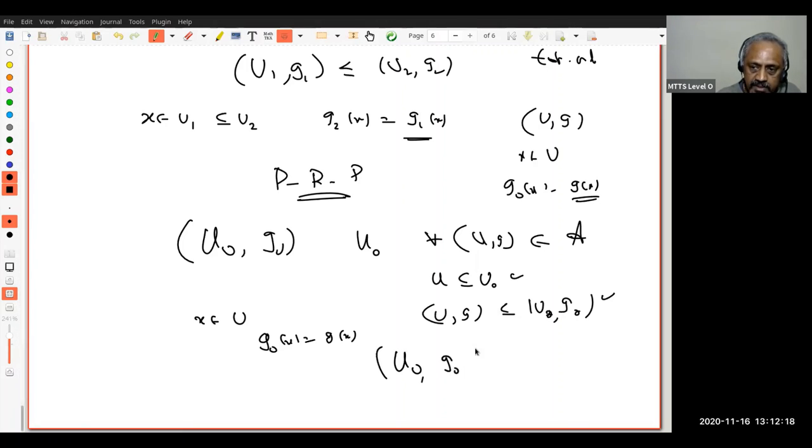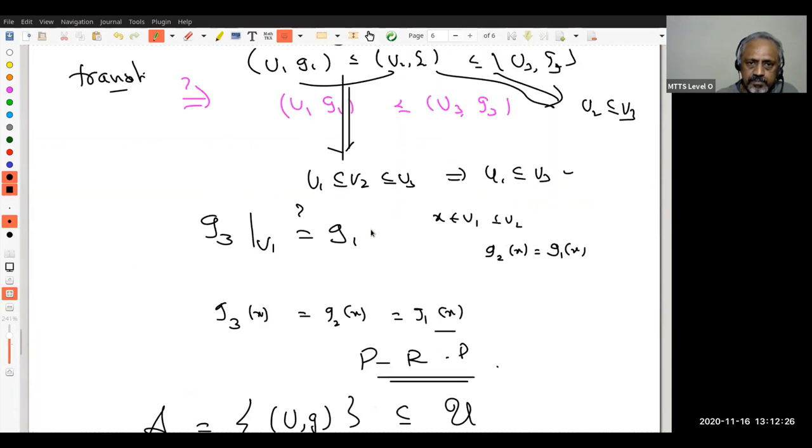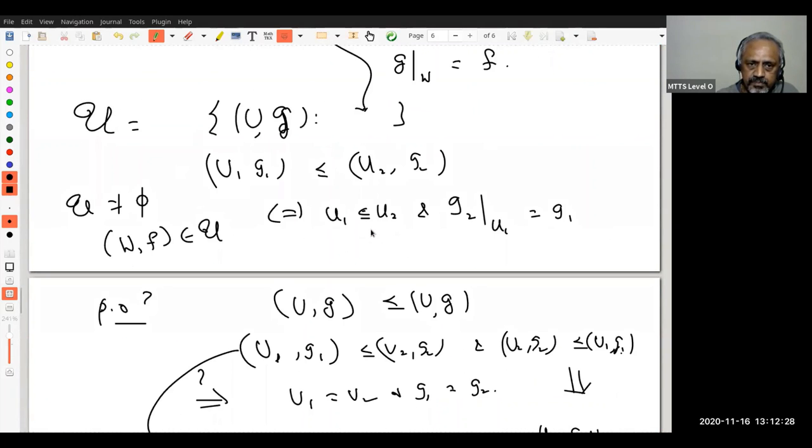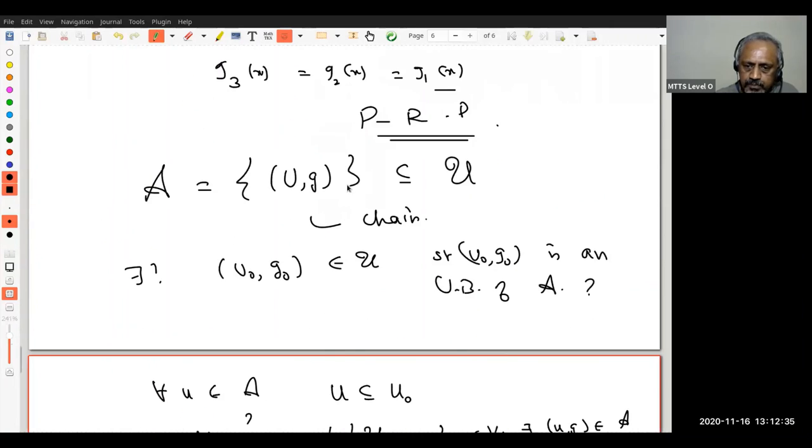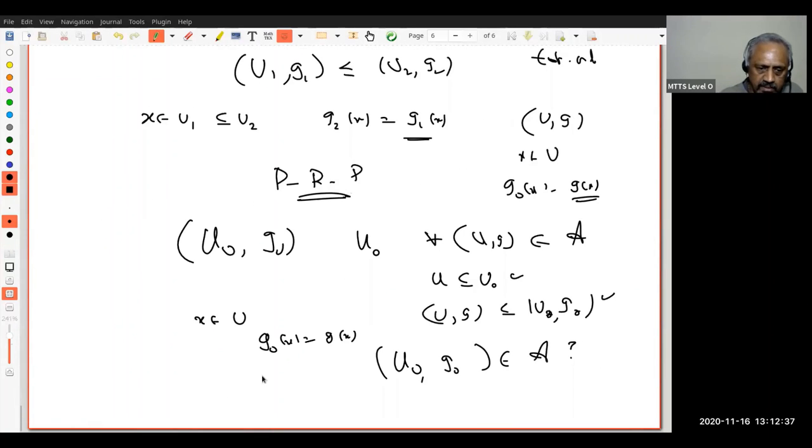That u naught g naught is actually an element of script A. I want to say it's in script U, since A is a totally ordered subset of it, and u naught g naught is an element of script U and an upper bound of A.